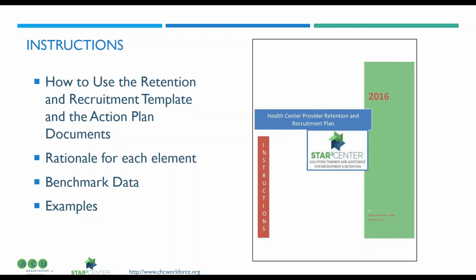There's some benchmark data included in the instructions that you may or may not choose to use in your own plan. And there are some examples so that it gives you a better idea about how we meant to use each of the tools or the tables that we put in there if there's any confusion on how to use them. Next slide.